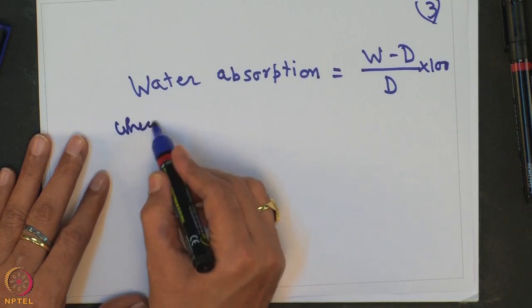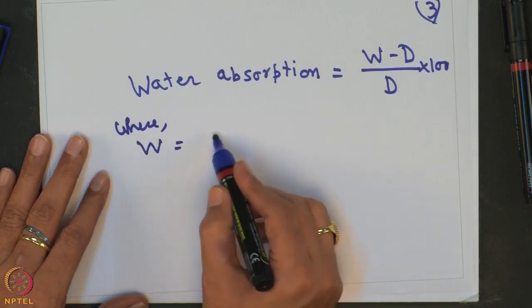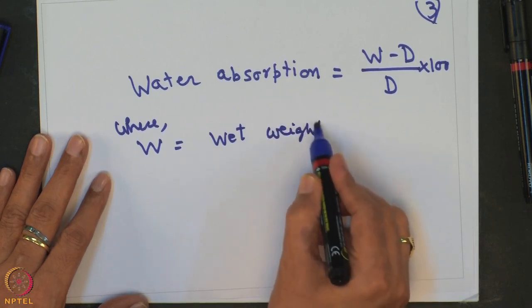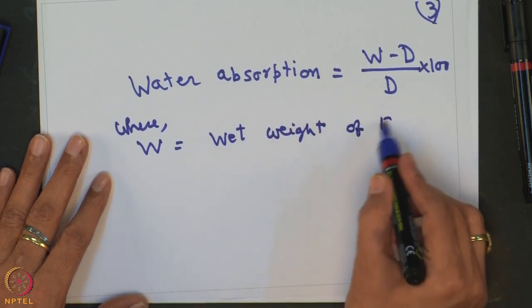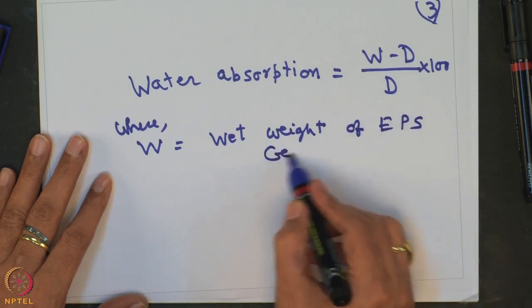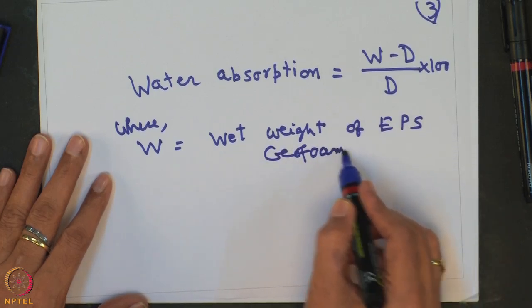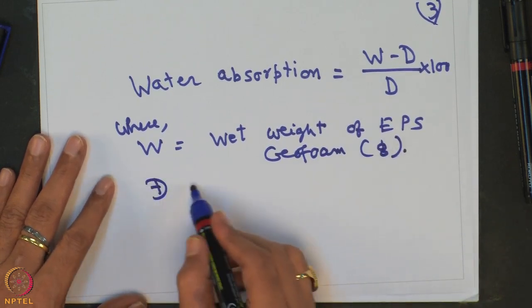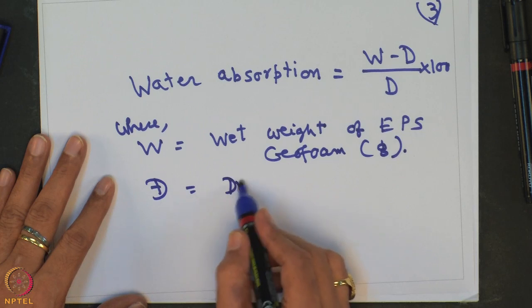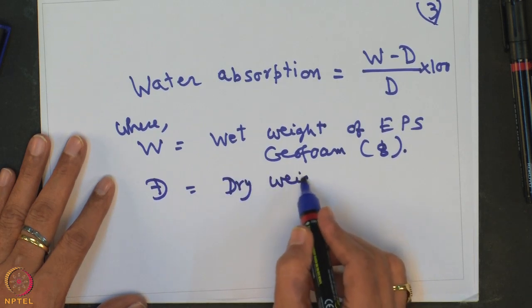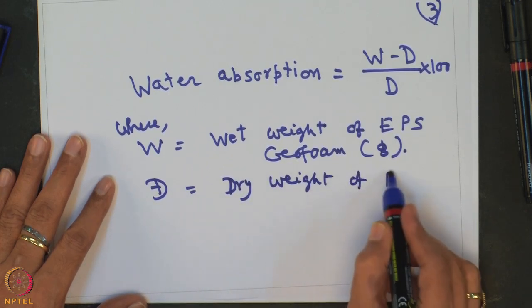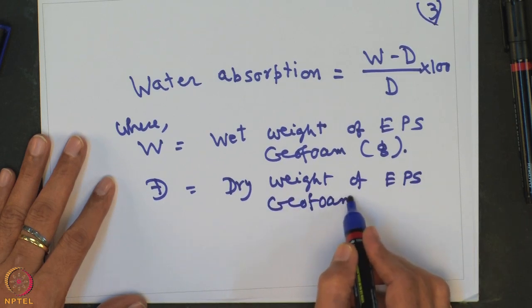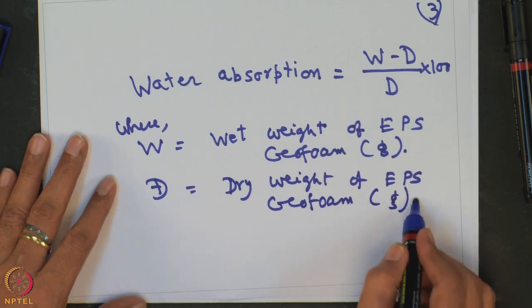Here W is the weight of the EPS geofoam in gram, and D is the dry weight of the EPS geofoam, also in gram.